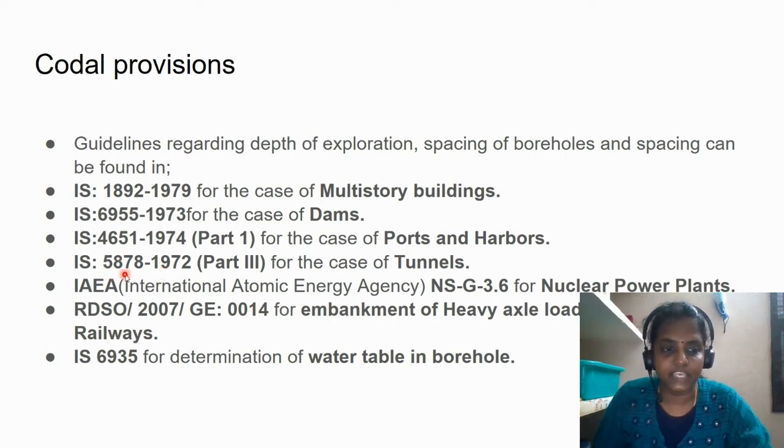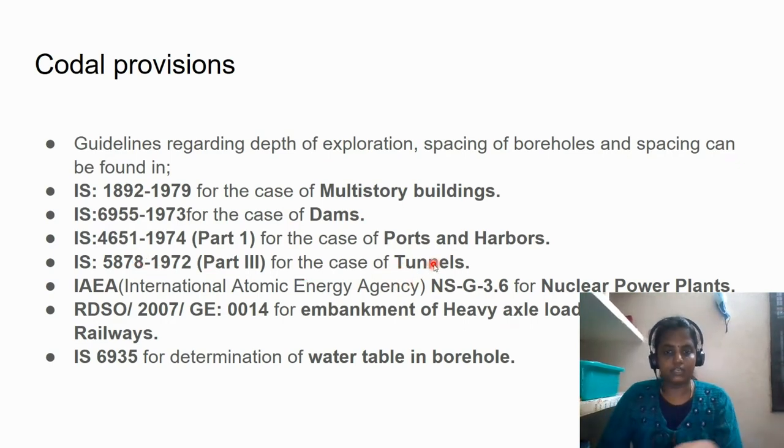So 5878 as 28, tunnel as 2n. So if we find 5 and 8 in the form of a tunnel, you can see, it's like a tunnel kind of thing. It's like a story. If you remember, you will be able to identify which codal comes for that project. So something like that.